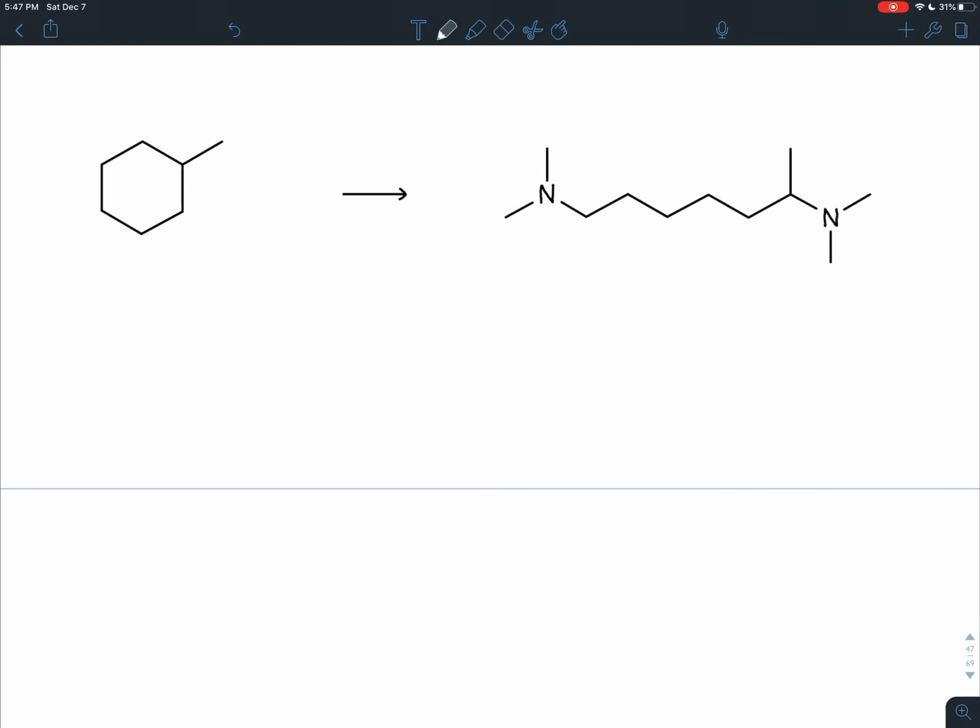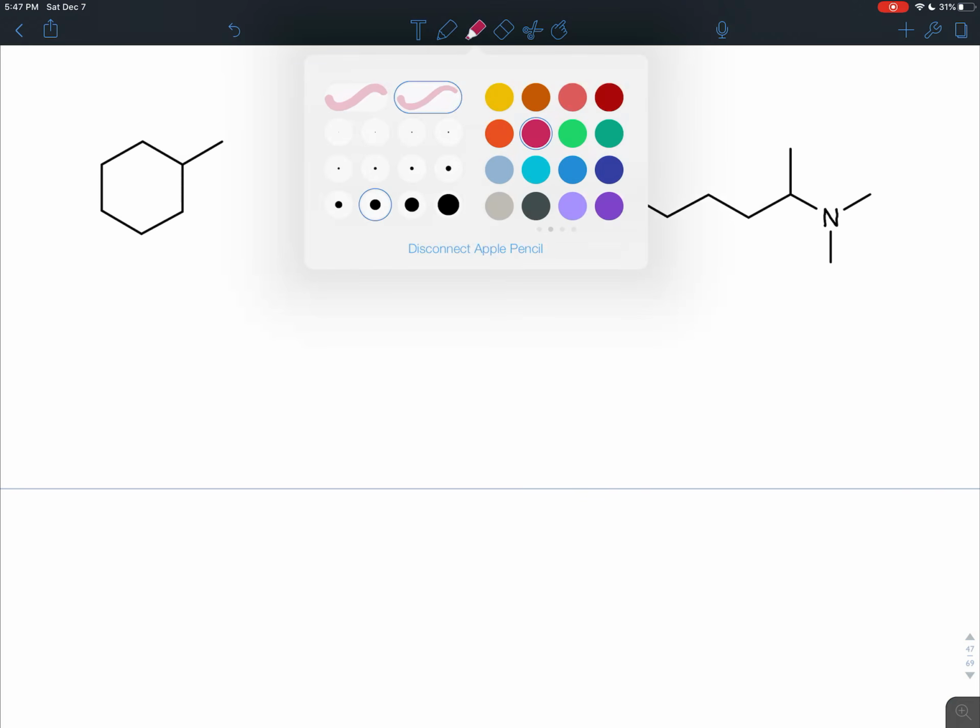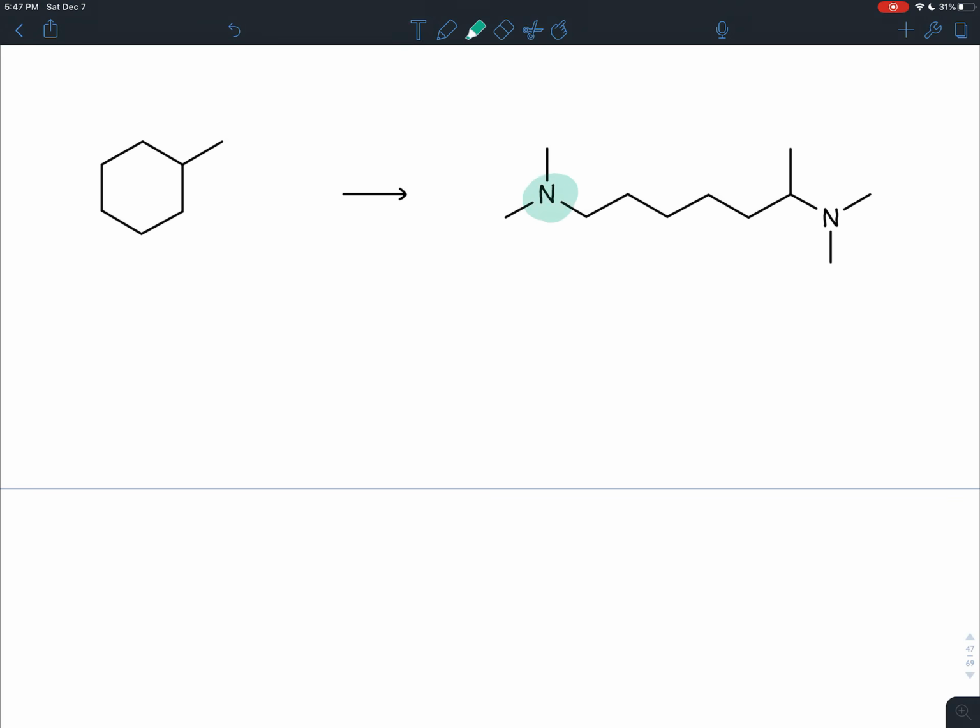Now, if you're thinking about a reductive amination, a place to start is to notice that you have an amine. And if you have an amine, that amine can be formed from an aldehyde or a ketone.